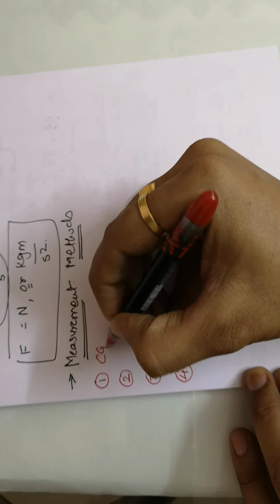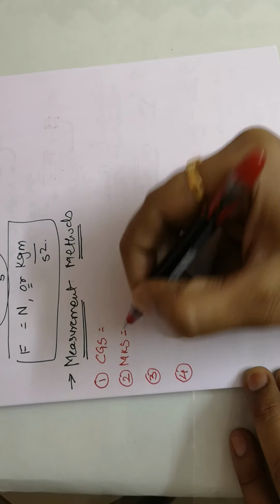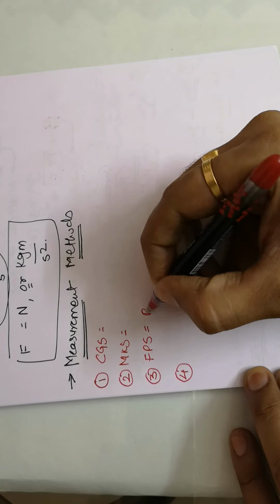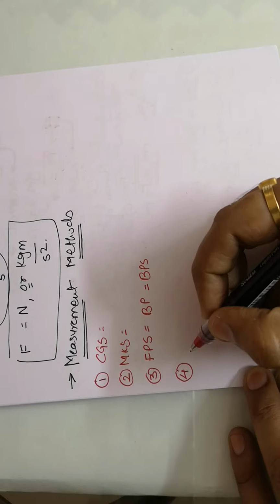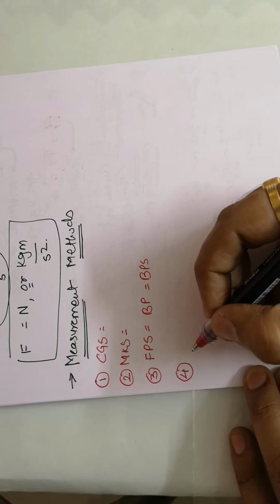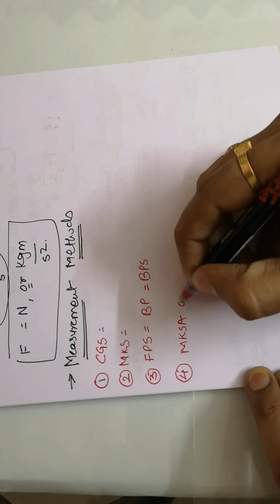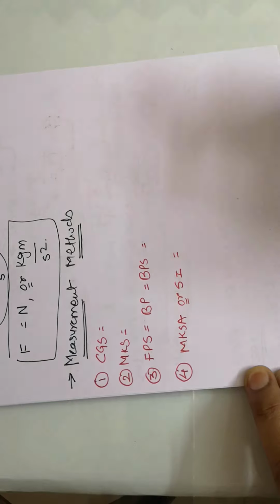The very first method is called the CGS method. The next one is the MKS method. The next one is called the FPS method, or the BPS method. Different names are associated with it. The fourth one is called MKSA, or its famous nomenclature, SI units.